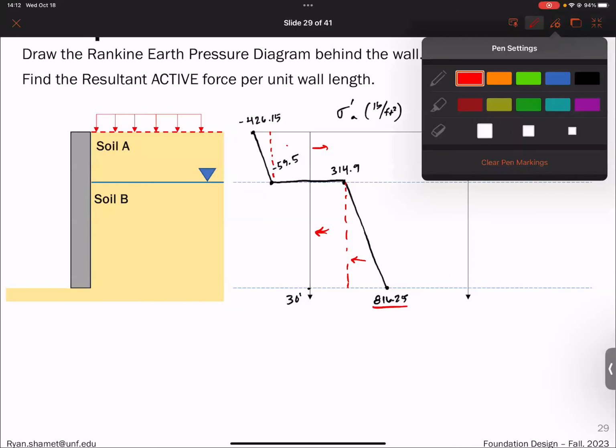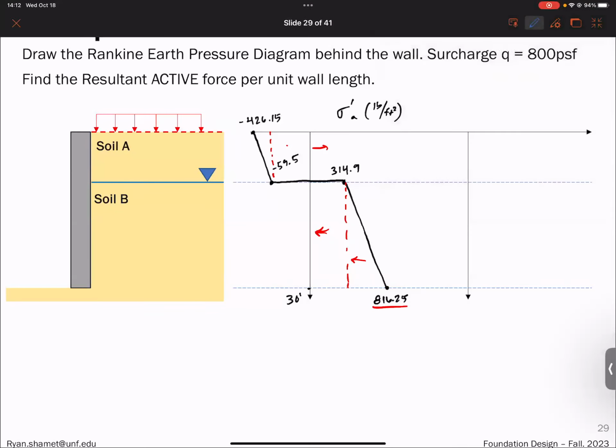We could also find the pore water pressure, which we know is just starting here and going down like this. This would be 1248, which is just the unit weight of water times 20 feet.